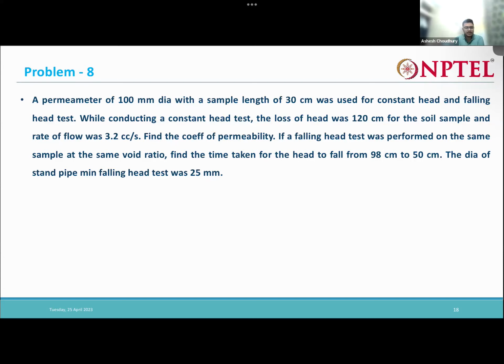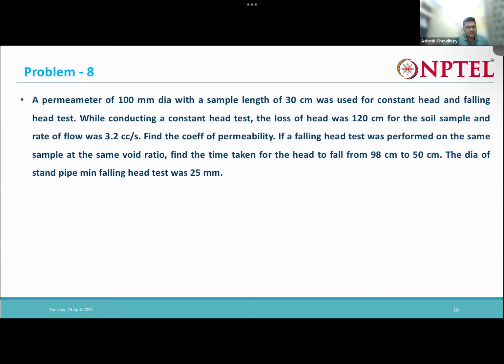For the constant head test, we have the head loss of 120 cm, and in that head loss the rate of flow was 3.2 cm cubed per second. We need to find the coefficient of permeability. Next, a falling head test was performed on the same sample at the same void ratio.